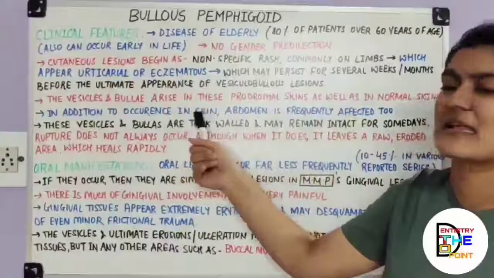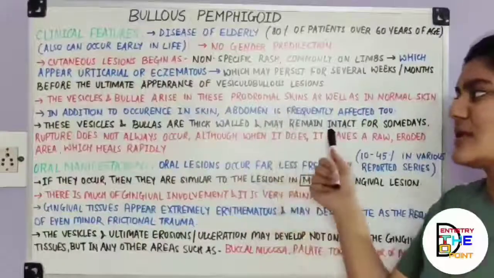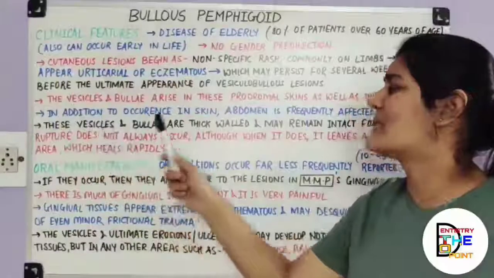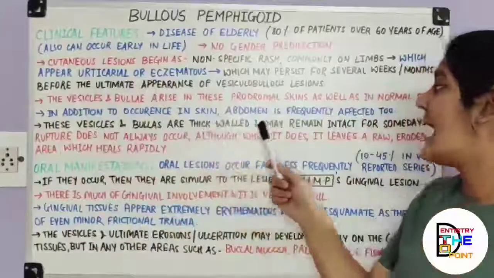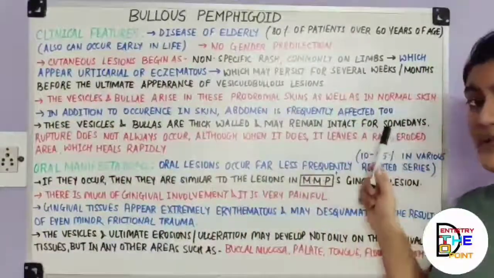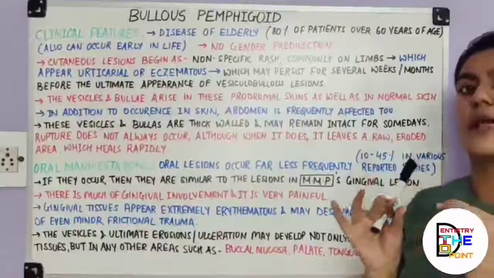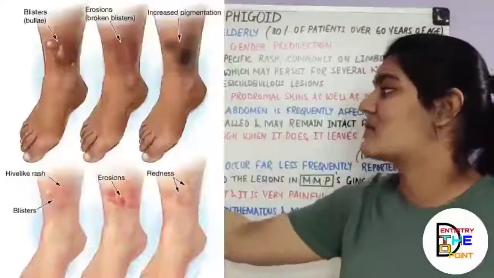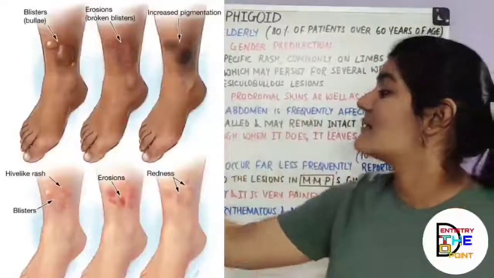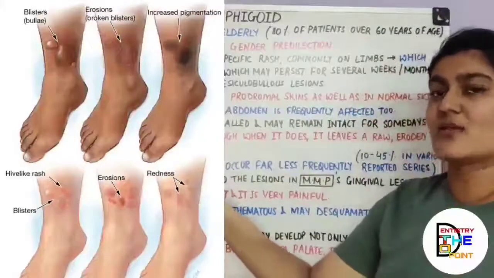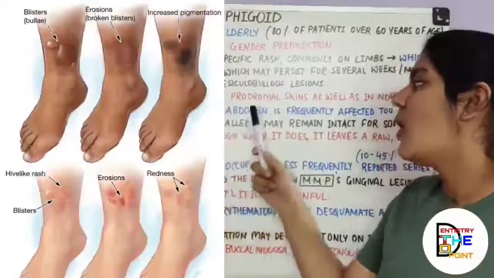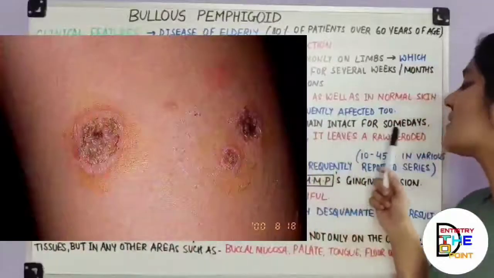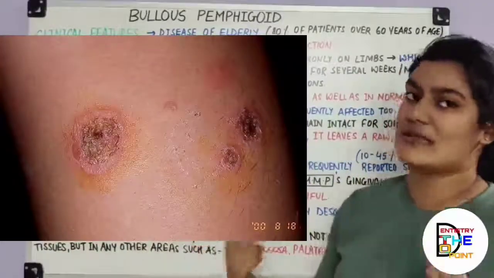These vesicles and bullae are thick walled and may remain intact for some days, or they may rupture. Rupture does not always occur, although when it does, it leaves a raw eroded area which heals rapidly.